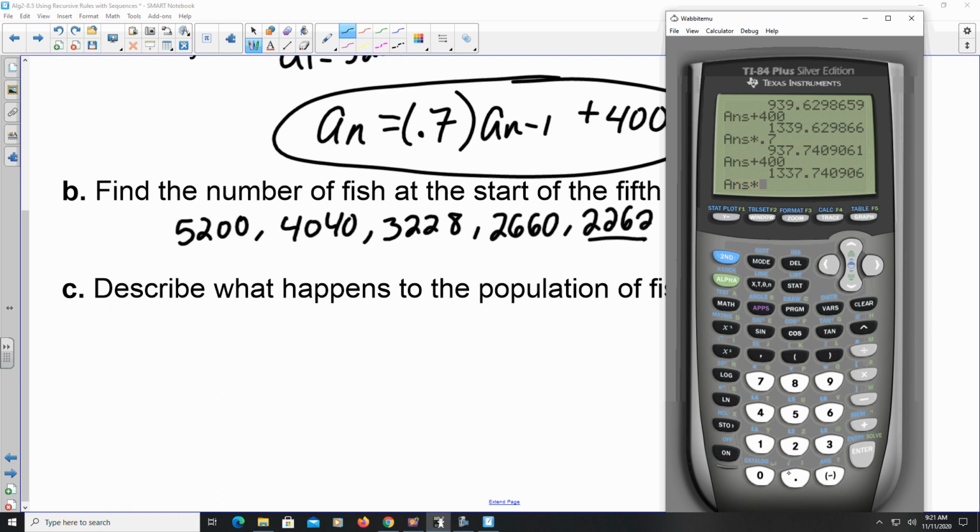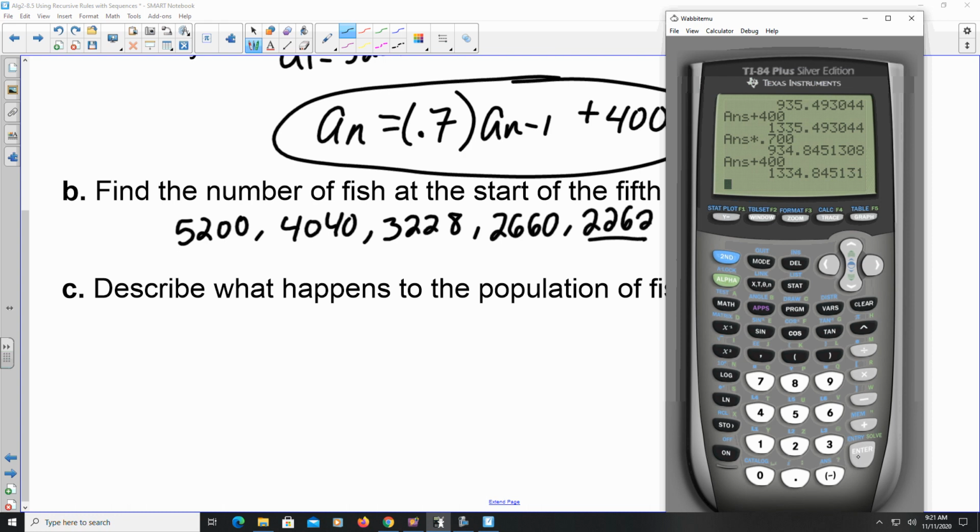So if I did it one more time, that's only 1. So you could say that it kind of stabilizes in that 1336 range. Let me see what happens if I do it one more time. All right, so it's just 1. See if it happens again at 1. Yeah, so it looks like it's in that 1330.